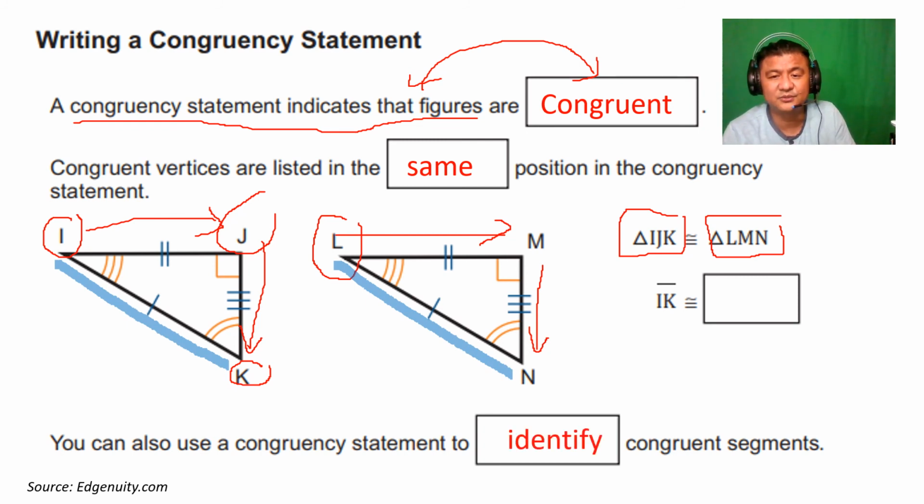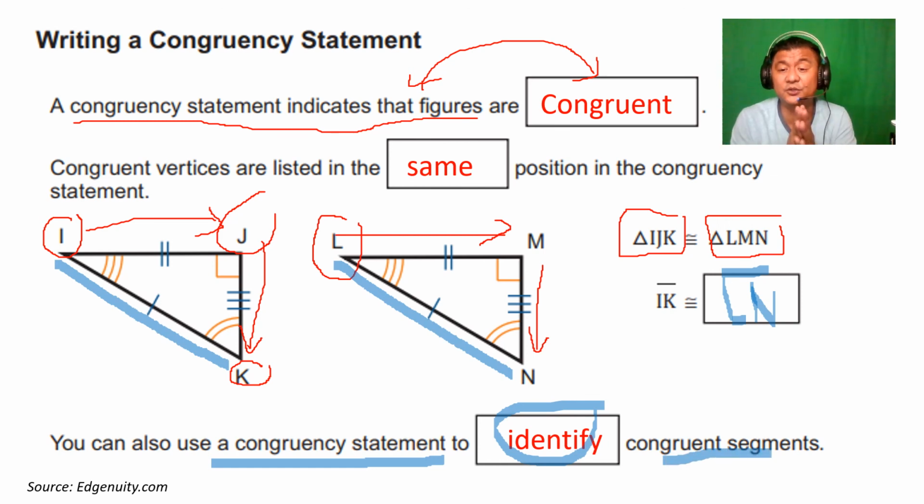IK is congruent to LN, not NL. So you can also use a congruency statement to identify congruent segments. Just by looking at those letters, you would know which part matches or corresponds to the other one.